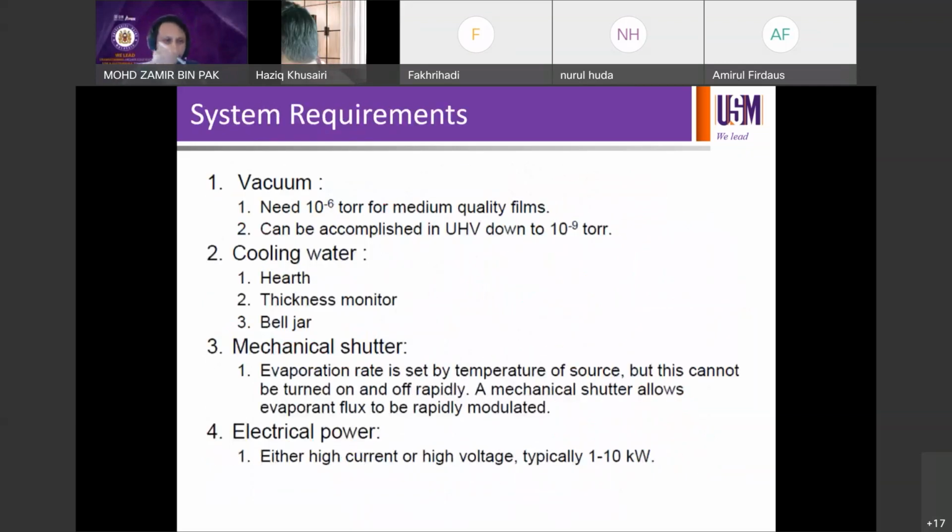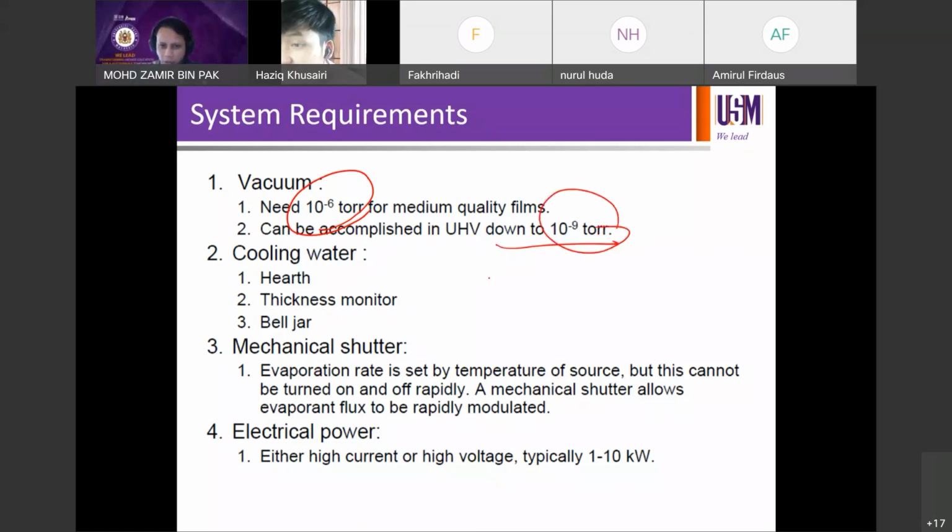So system requirement for evaporation process, you need to have vacuum. So to be able to have vacuum, you need to have vacuum pumps, right? So you need to first define your vacuum requirement. So are you running at 10^-4? Are you running at 10^-5, -6, -7, and so on? So typically, if you need medium quality film, not so pure, but not too bad, you can run at -5, -6, okay? If you need very pure film quality, you need to run -9.